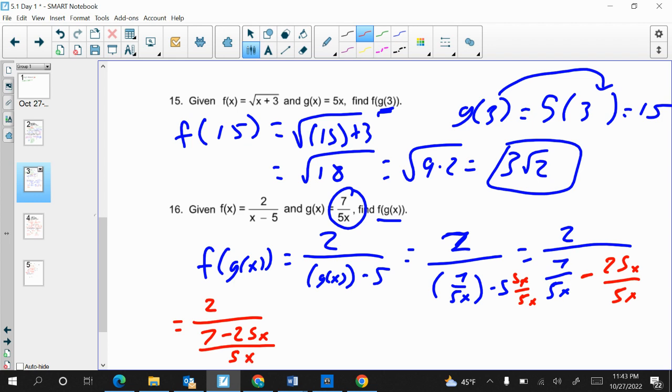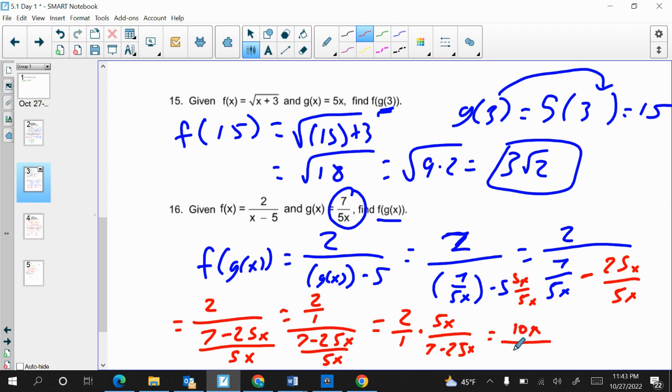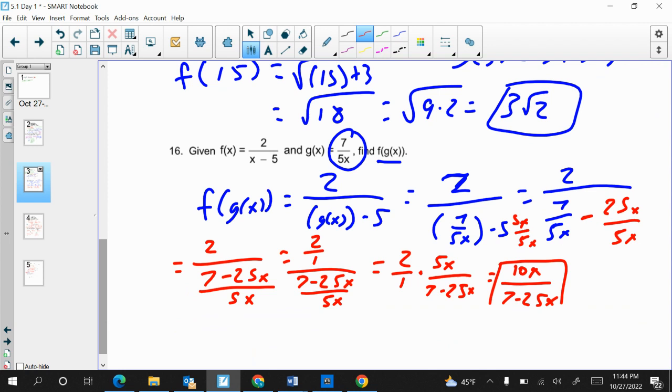And then I need both of them to be a fraction, 2 over 1, over 7 minus 25x over 5x. We'll multiply by the reciprocal. So that equals, this is going to be 10x over 7 minus 25x. Alright, and that is it for 5.1.